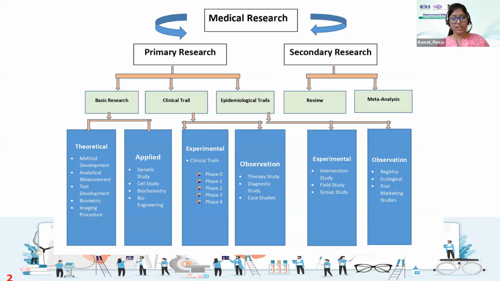You are getting some raw, baseline data, like through genetic studies or cell studies, or some kind of X-ray imaging data, and then you get to know the dimension of that particular enzyme or cell, or how the substrate is binding to the enzyme. These are the basic kinds of research which lead to subsequent research, especially clinical research.